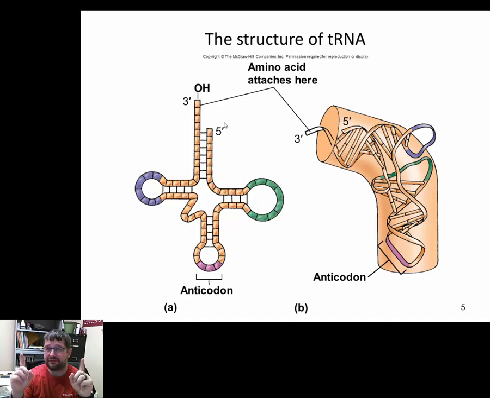Now, that does not mean that ribonucleic acids cannot go into a double helix. Here's an example of one that does it all the time. If you look, this runs 5' to 3'. However, it goes into a double helix in many regions of the transfer RNA.